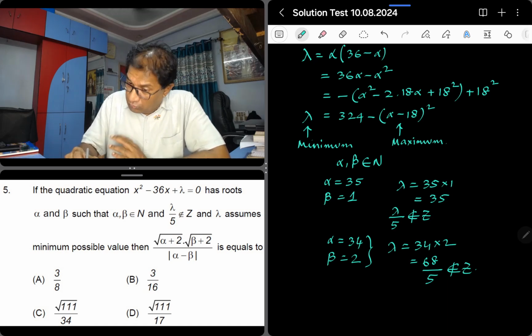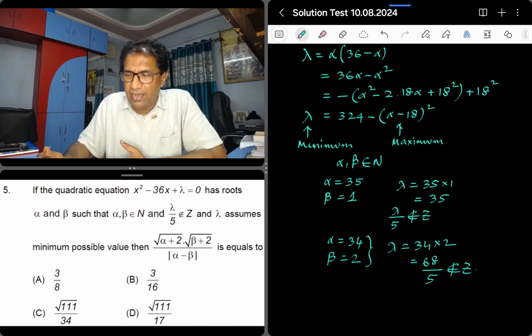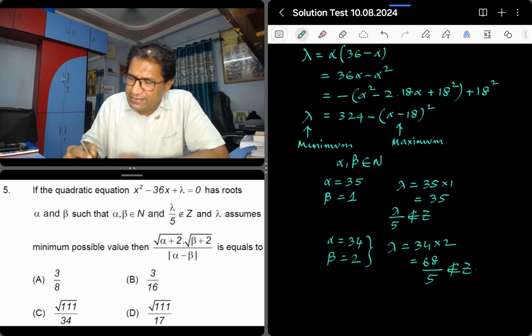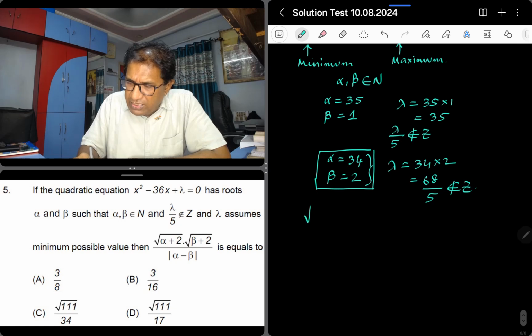So, to assume that lambda is taking the minimum value, we have to take the maximum value of alpha minus 18 whole square, and eventually we are getting that alpha will take 34 and beta will take 2.